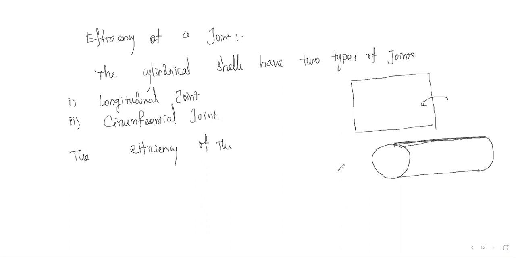Similarly, in another plate I cut a circular section and fit it here, so at the outermost edges it can have a joint. This is nothing but the longitudinal joint and the circumferential joint.